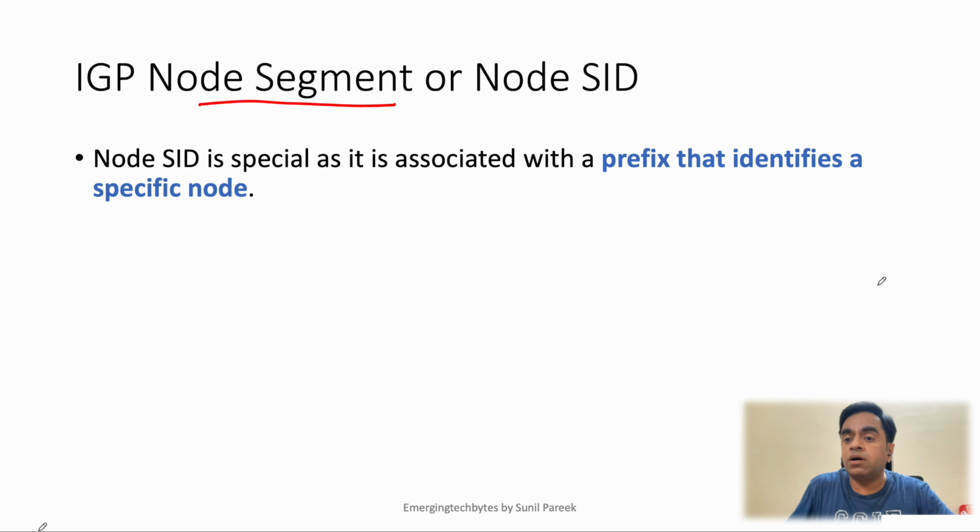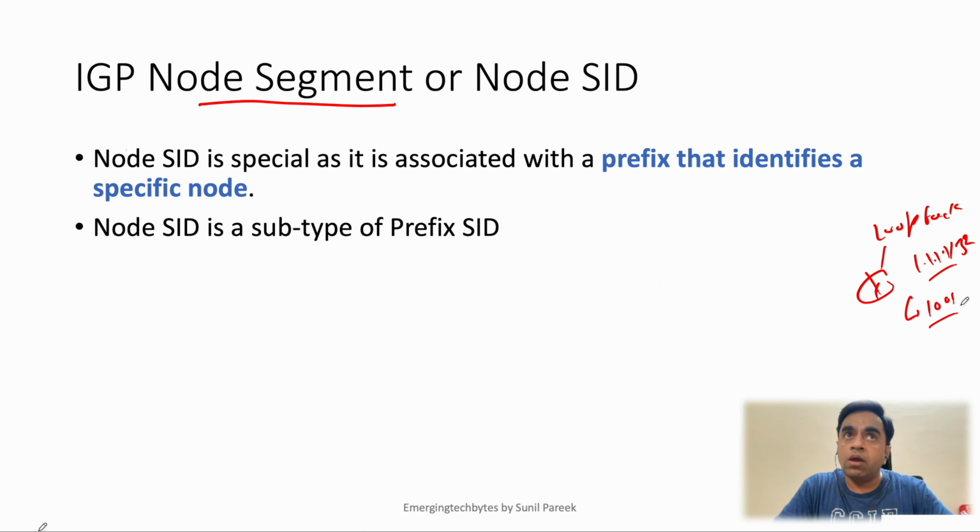I can have a loopback interface on this node, which is, let's say, a slash 32 mask, and I can identify this node with this particular IP address. And I can very well have a prefix SID associated with it, as I was saying earlier. Because this is a prefix on this node, but this is a host route, so a node SID can be a subtype of a prefix SID.